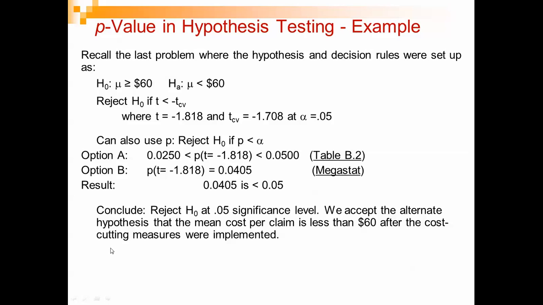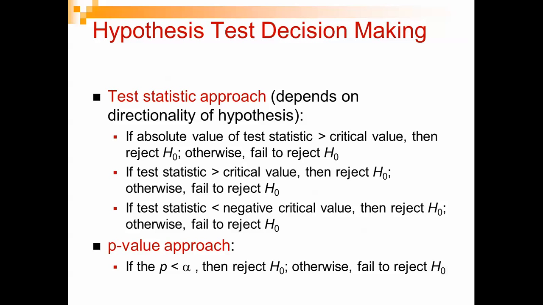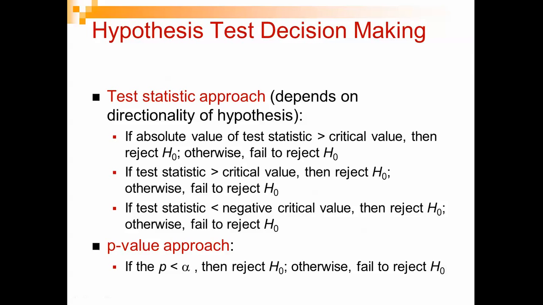Let's take a quick look at the comparison between the test statistic and p-value approaches to testing. In our test statistic approach, it depends on the directionality of the hypothesis, but what we do is take the absolute value of the test statistic and compare it to the critical value. If the absolute value of the test statistic is greater than the critical value, then we reject the null hypothesis.